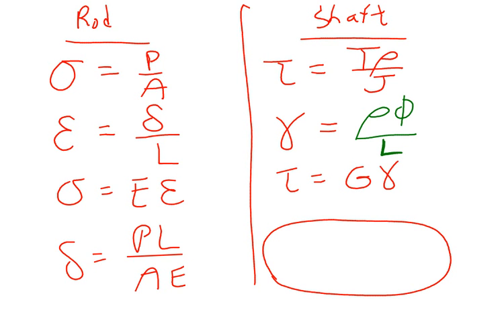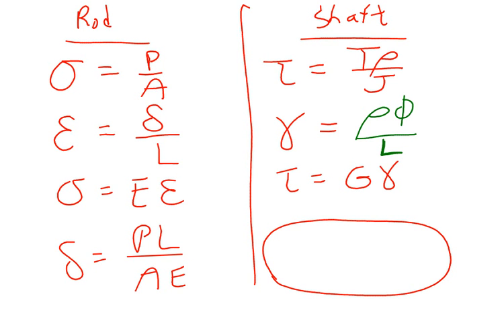It's a special kind of moment if you think back to statics. So it's a moment, which means it's force times distance: Newton meters or foot pounds, pound feet. Rho is the radius. And then J is the polar moment of inertia.